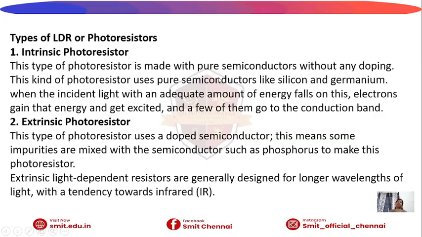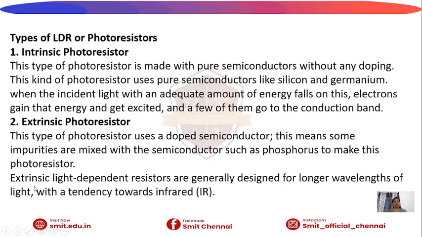The types of LDR are the intrinsic photoresistor and extrinsic photoresistor, or we can also say intrinsic LDR or extrinsic LDR. A pure semiconductor without any doping, without adding any extra materials, is called intrinsic photoresistance. If we add some impurities, it is called extrinsic photoresistance.